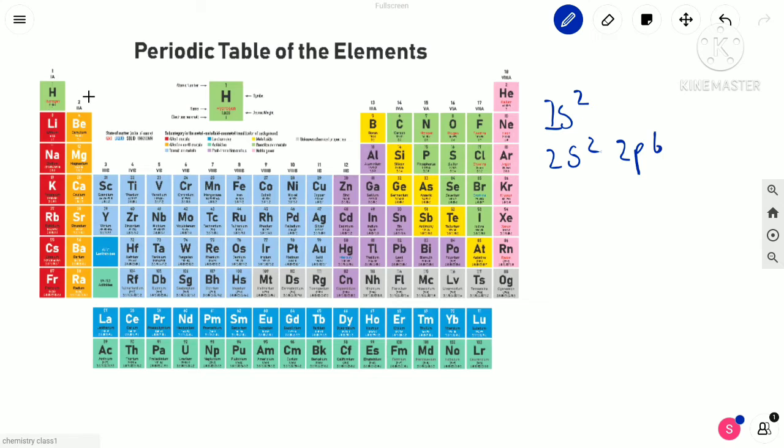I forgot to mention this, but some characteristics of the periodic table are that it has 18 groups and 7 periods.